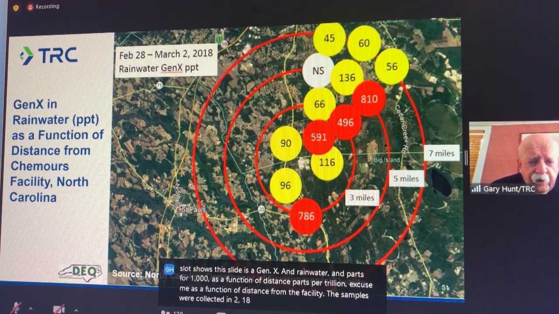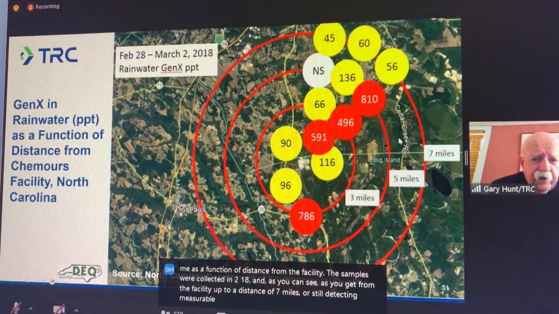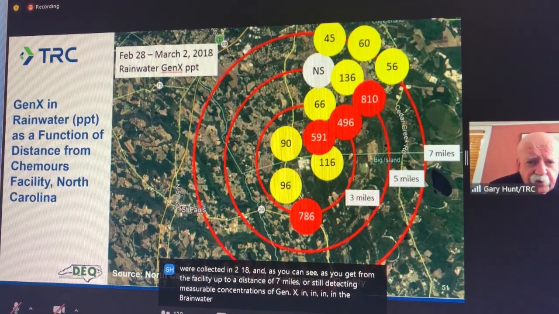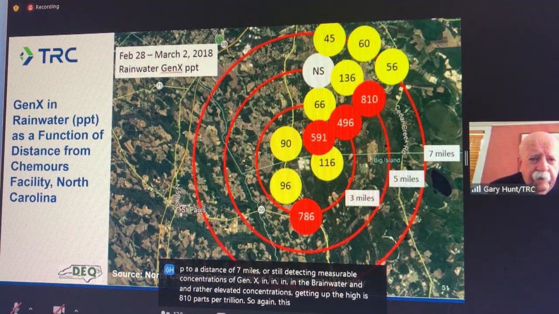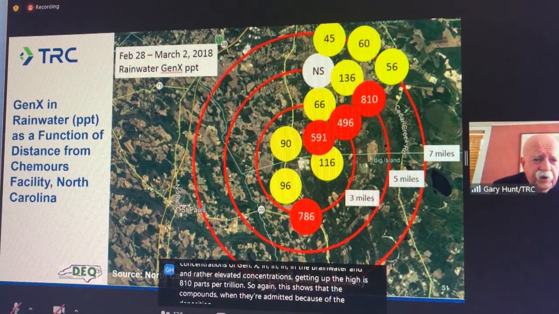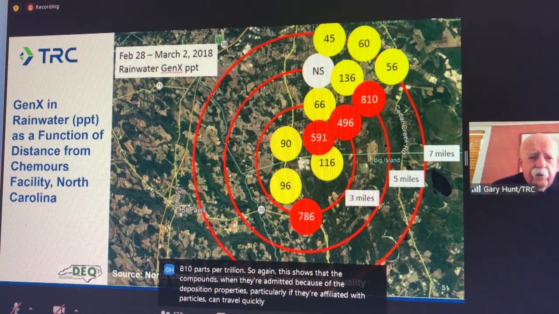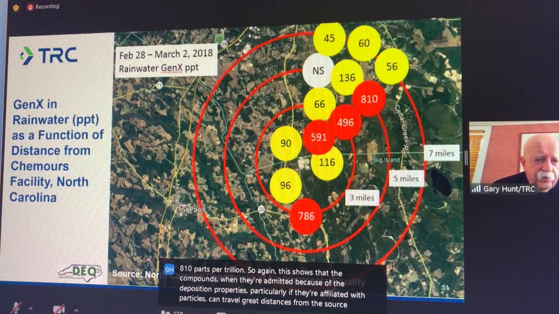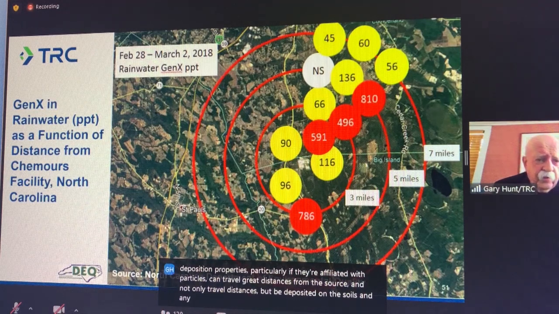As you can see, up to a distance of 7 miles, they're still detecting measurable concentrations of GenX in the rainwater, and rather elevated concentrations, getting up as high as 810 parts per trillion. So again, this shows that the compounds, when they're emitted, because of the deposition properties, particularly if they're affiliated with particles, can travel great distances from the source. And not only travel distances, but be deposited on the soils and end up in underlying groundwater over time.